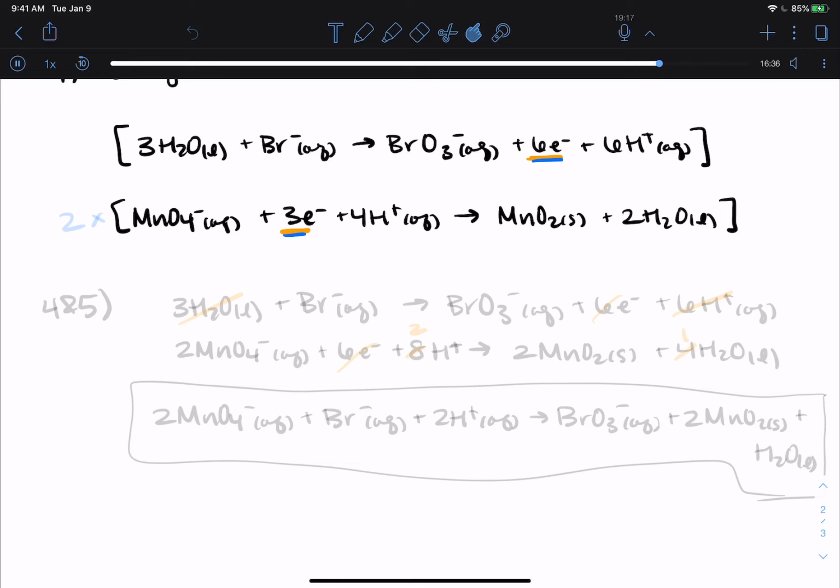But if my top reaction has 6, my bottom has 3, if I just take this bottom reaction and multiply it by 2, then I'll end up with 6 electrons, and when I add these together, they'll totally cancel out. So we have to technically do the multiplication to finish step 4, and then add them together for step 5. So I'll label this step 4 and 5.